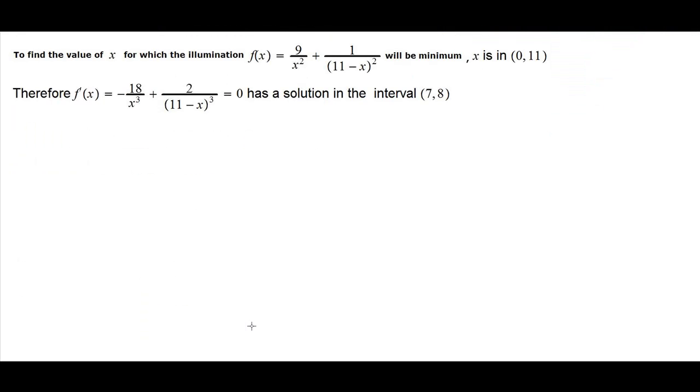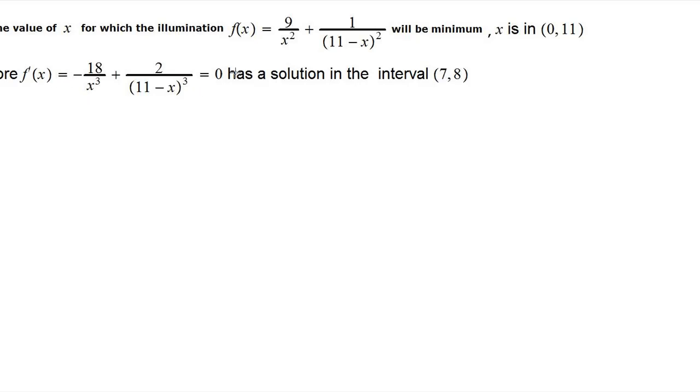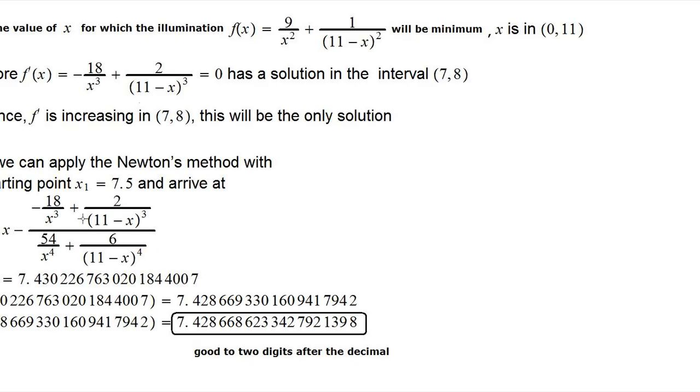We know that f prime is increasing on (7, 8), so this will be the only solution in (0, 11). And now you can apply Newton's method. Just use the initial point as 7.5 and iterate.